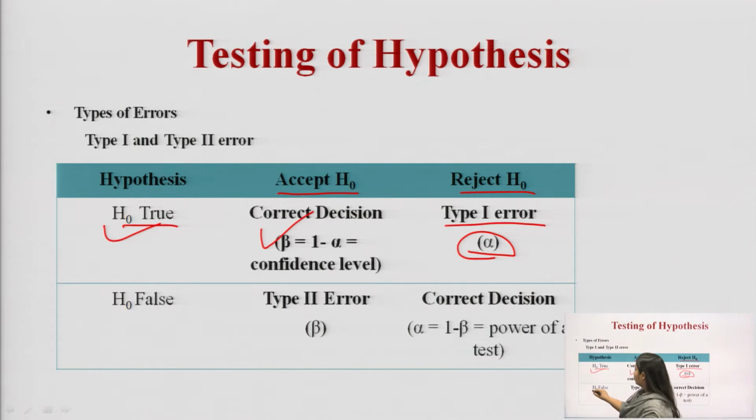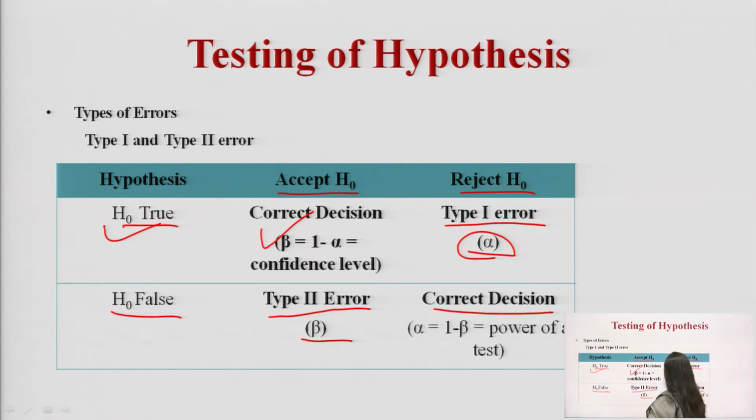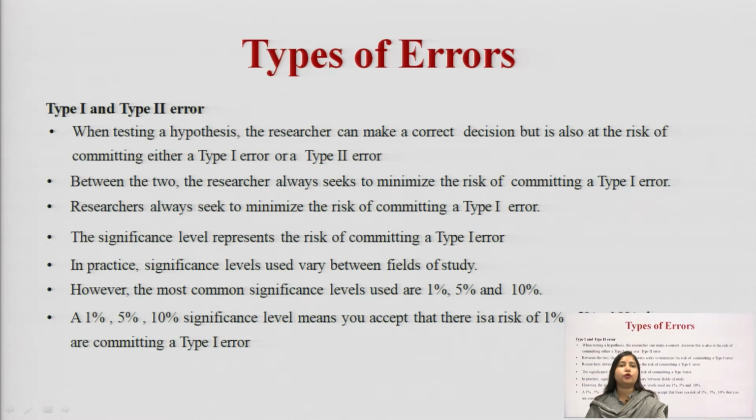Now suppose your null hypothesis is false, but you accepted the null hypothesis, then it becomes your type 2 error, which is represented as beta. But if you reject the null hypothesis, then it will be your correct decision, which is represented by the formula: alpha is equal to 1 minus beta, or beta is equal to 1 minus alpha. So this is just the tabular representation of our type 1 and type 2 error.